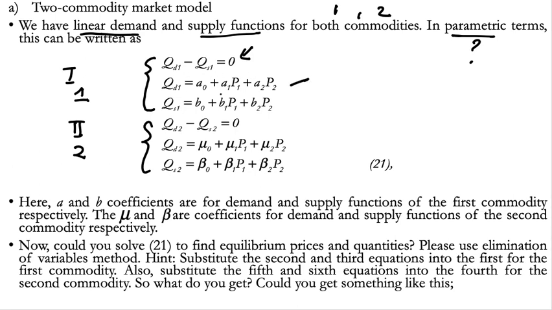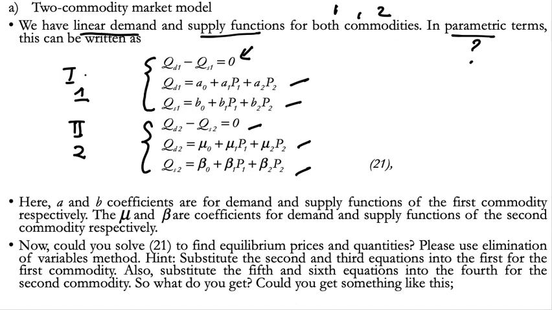This one is quantity demanded for commodity 1, and the third one is quantity supplied for commodity 1. The second set is the same thing but for commodity 2: this is demand, this is supply, and this is excess demand equals 0 at the equilibrium position.